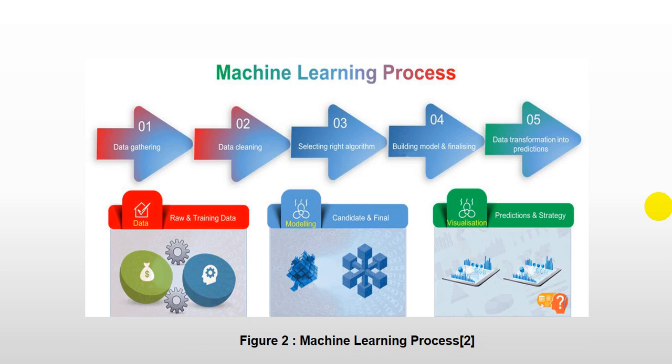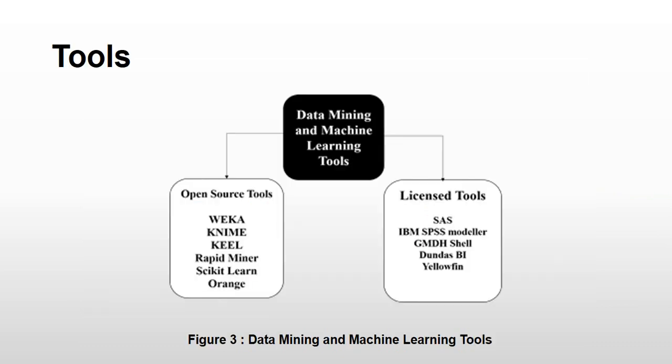On the basis of this, a model is built and the data is sent to the final stage for visualization. After that, data transformation is converted into predictions. In this stage, data is transformed for making predictions. This whole is the machine learning process.